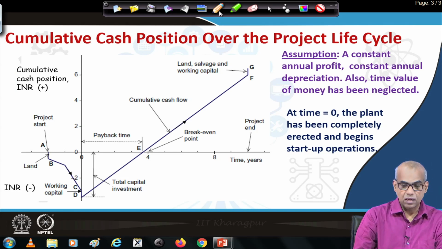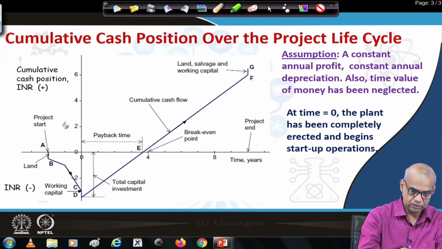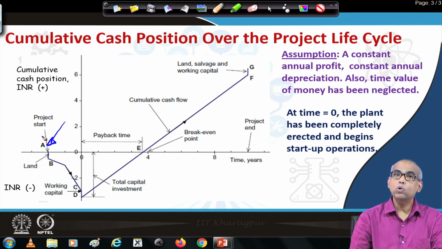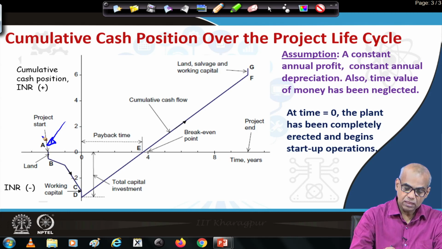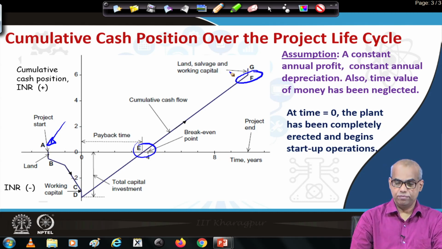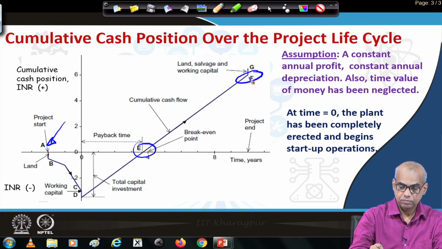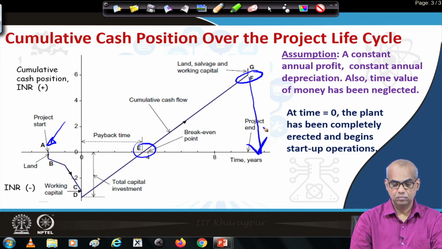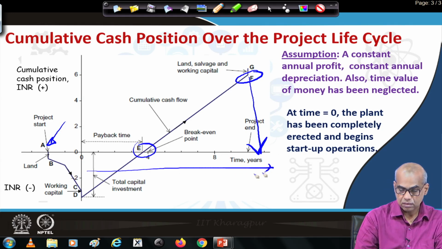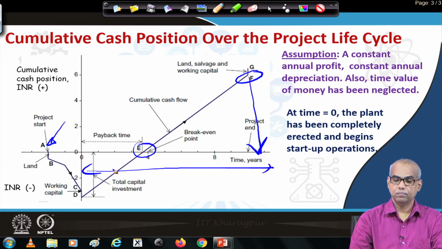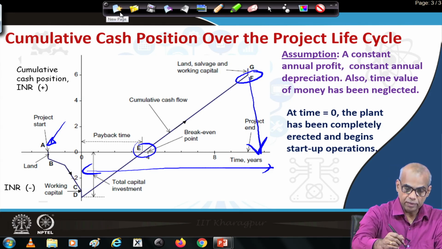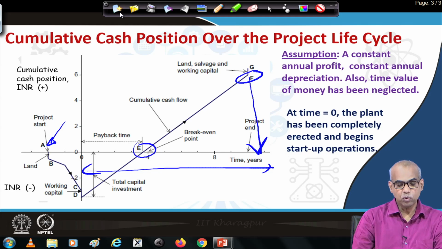The project starts at the point A and goes through different stages from A to B, B to C, C to D, then E, and finally ends at F. This is the life of the project, and against the life of the project, what we are plotting on the vertical axis is the cumulative cash position of the plant.